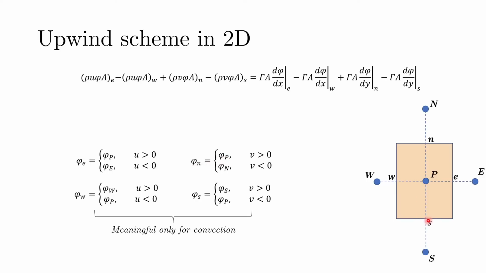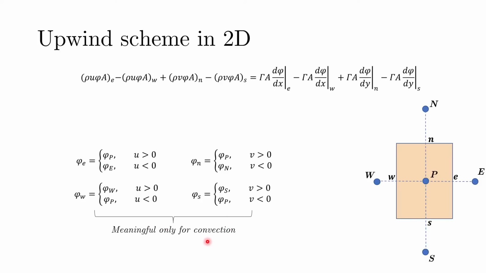Similarly, at the south face with a positive y direction flow, the upwind variable would be taken from the south grid point. That is how we can define any variable phi appearing in these four equations, and we can substitute them for the convection term.